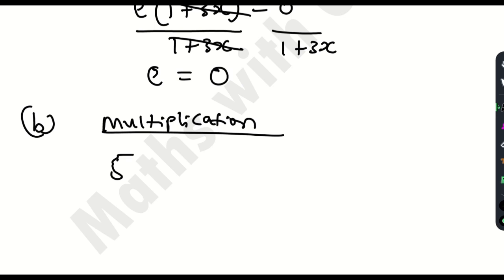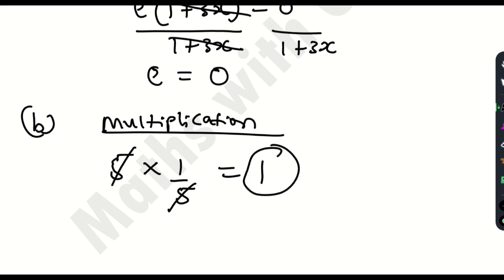So the inverse of 5 under multiplication is 1 over 5. Now, if you multiply these, what are you going to get? 1, which is an identity element. So if you apply an inverse element to an element, the result will be an identity element.